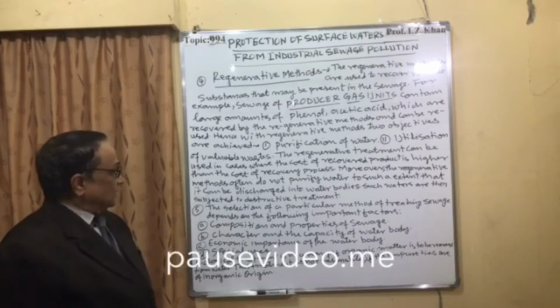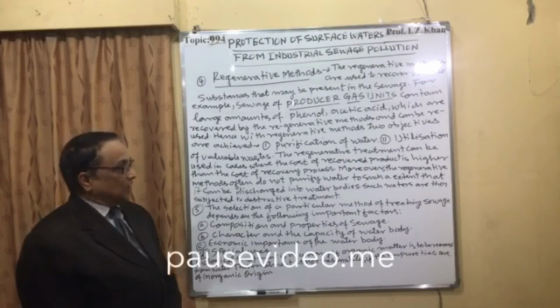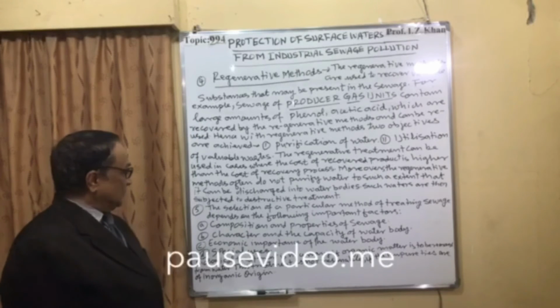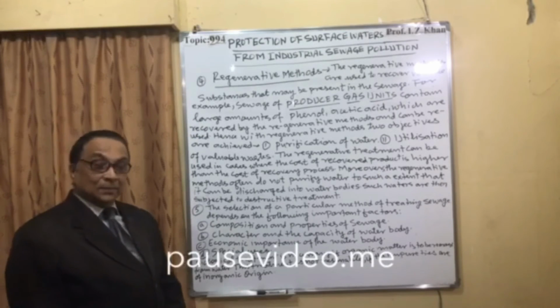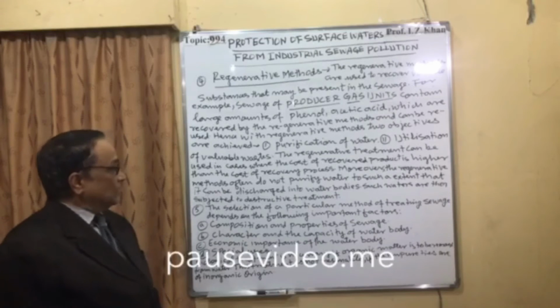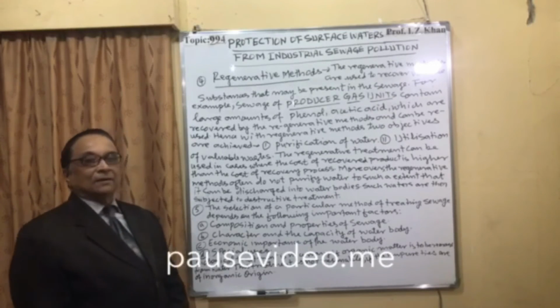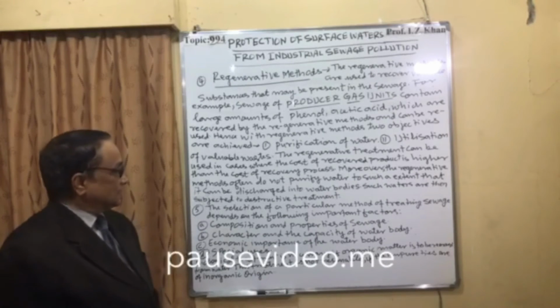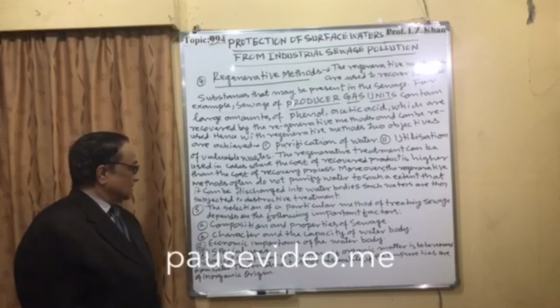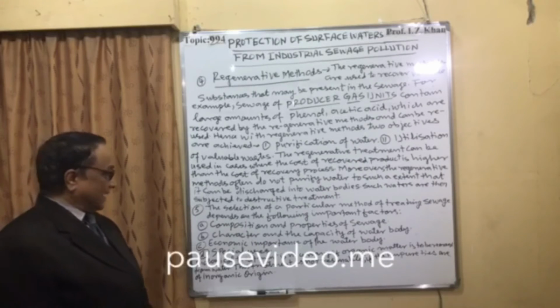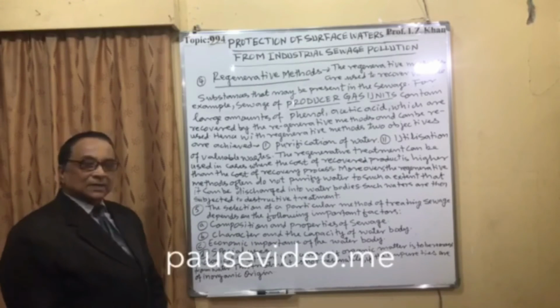Number 5, the selection of a particular method of treating sewage depends on the following important factors. Once you are going to select any particular method for the treatment of sewage, it depends on the following. A, composition and properties of sewage.